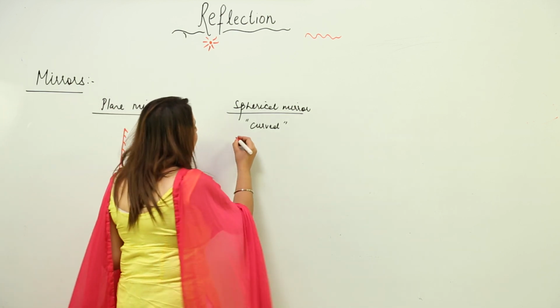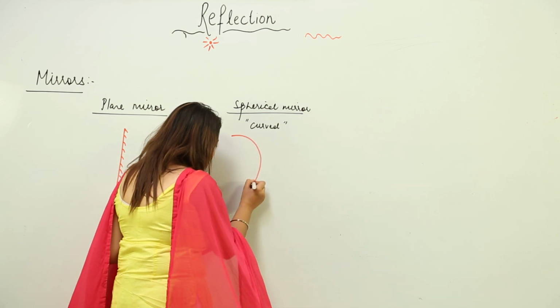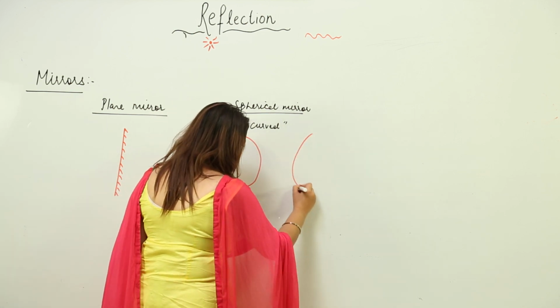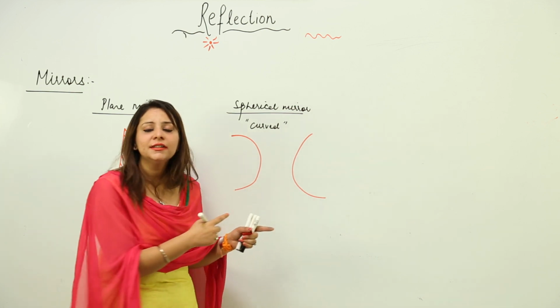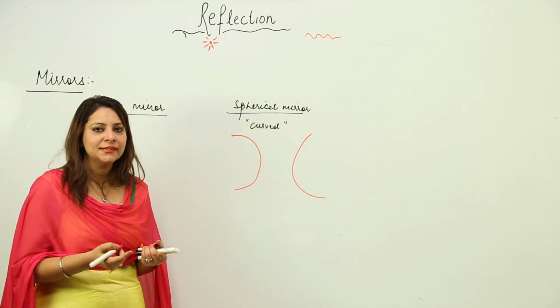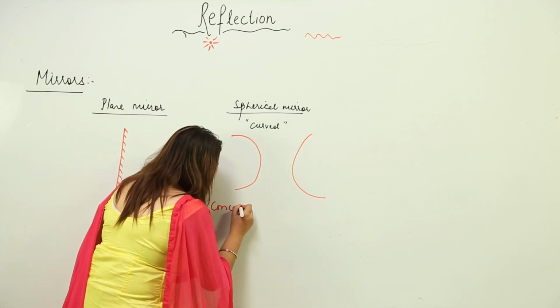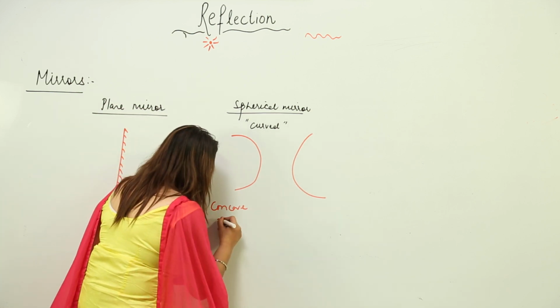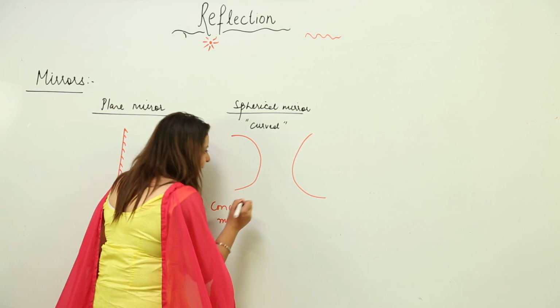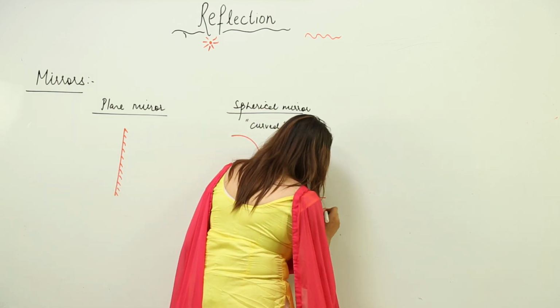And for spherical mirrors, we have two kinds. One is like this, the other is like this. They are actually the two sides of a spoon, as you can see. The upper side resembles the concave mirror, and the lower side is convex.